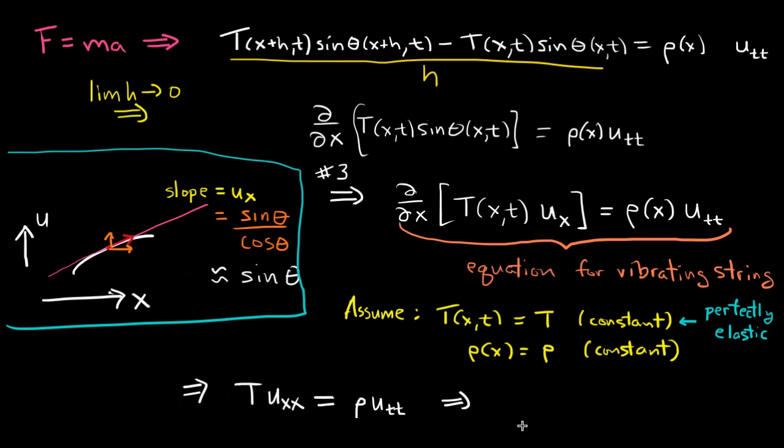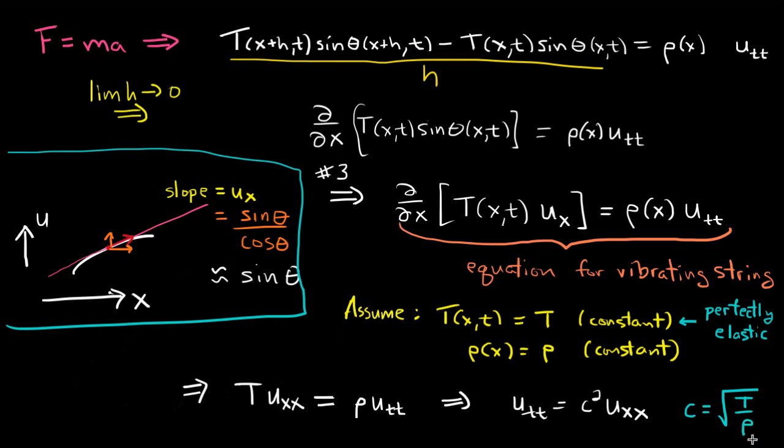This, of course, can be rewritten as u_tt equals c squared u_xx, the familiar version of the wave equation that we saw before, where c is the square root of T divided by rho.